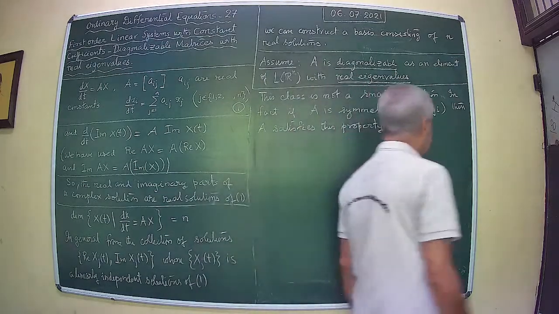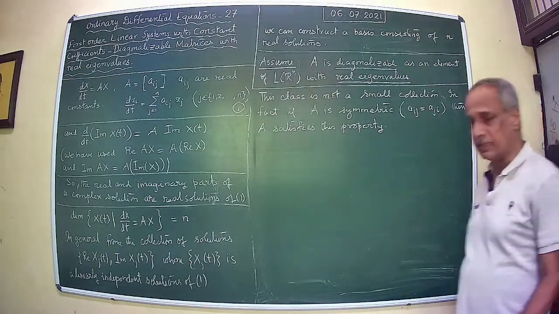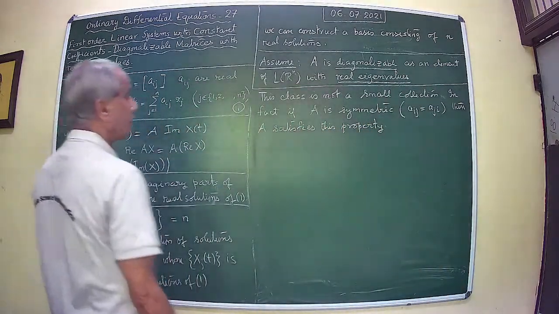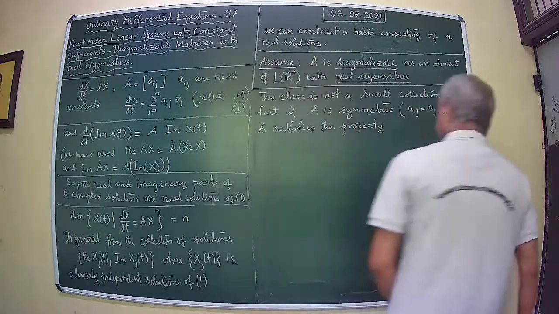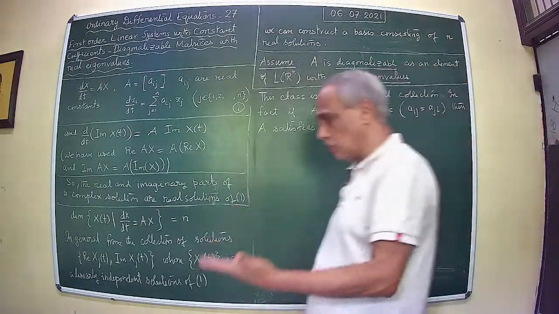In this case, you can prove that all the eigenvalues are real, and A is diagonalizable. I mean, A is diagonalizable means something more.